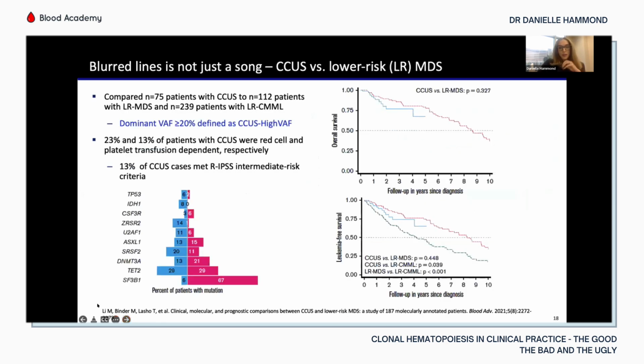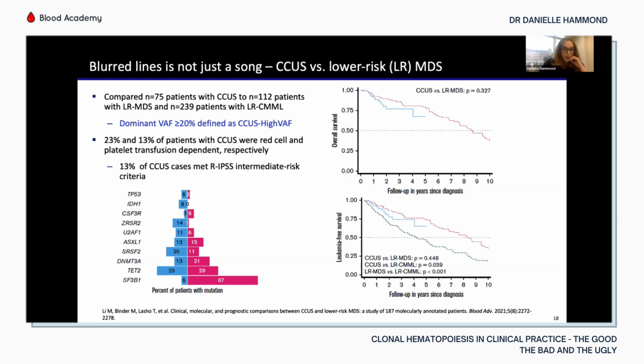And so this is a really practical retrospective study from the Mayo group. They as well now have a clonal hematopoiesis or precursor program, and they compared 75 patients with CCUS to matched cohorts of patients with low-risk MDS or low-risk chronic myelomonocytic leukemia and compared their characteristics and outcomes.